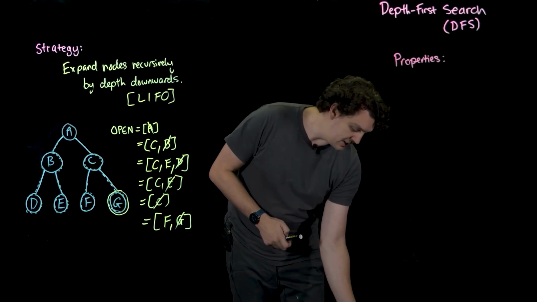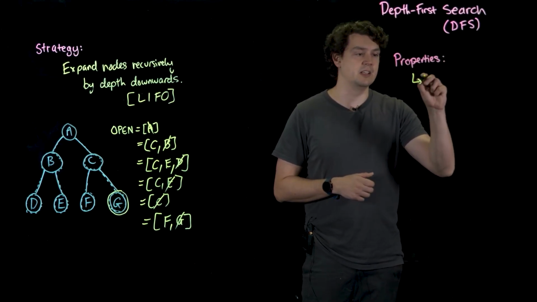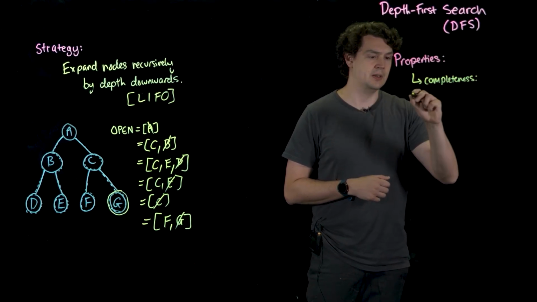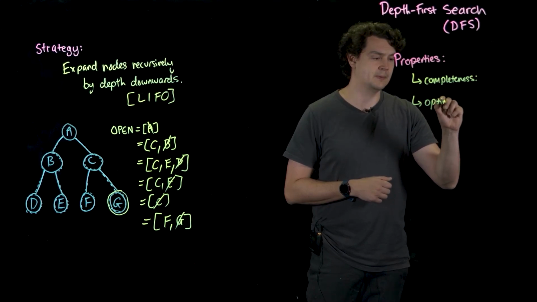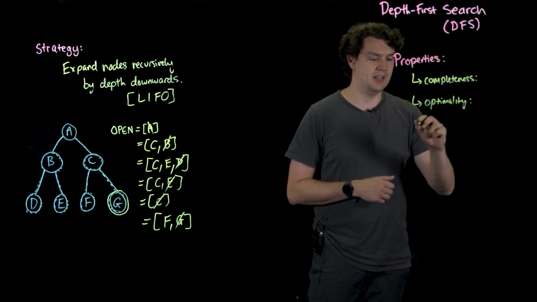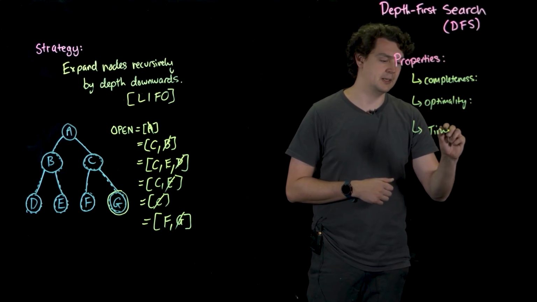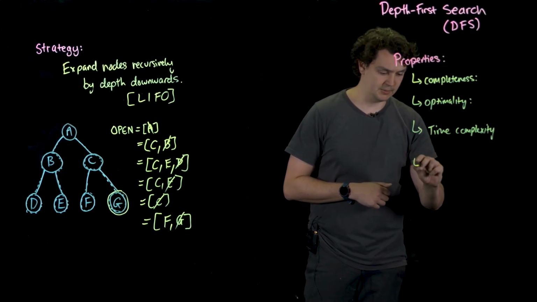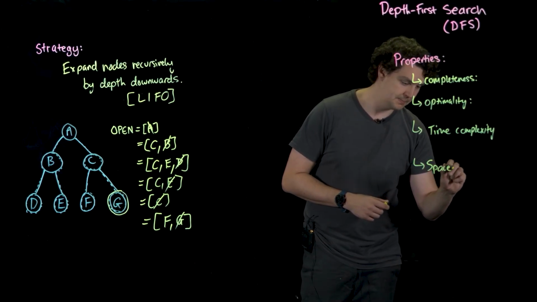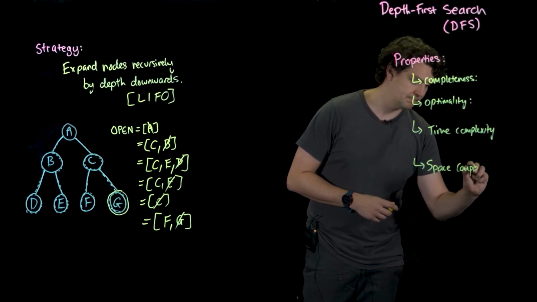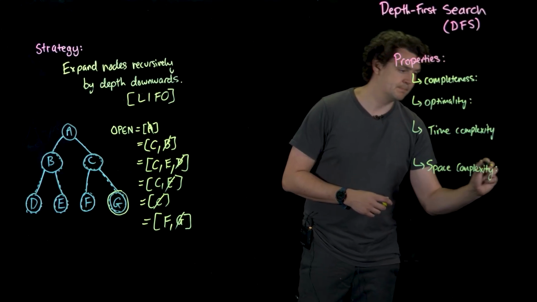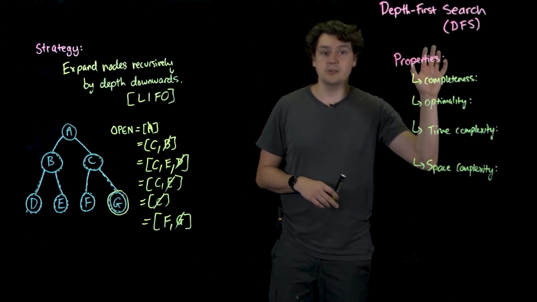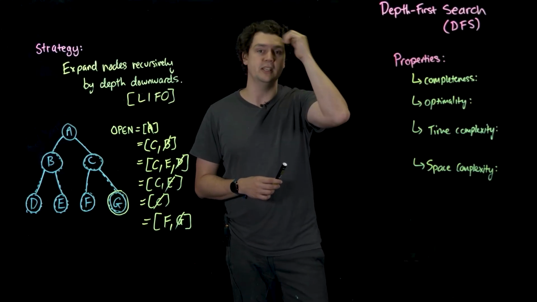So we're going to talk about these again in terms of the completeness, optimality, and then time and space complexity. Okay, so this one might be a little bit different. Let's talk about the completeness, okay?